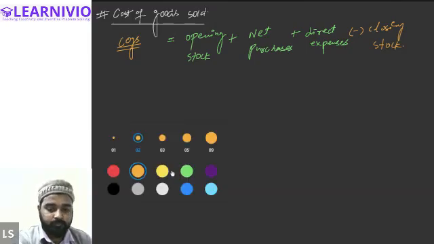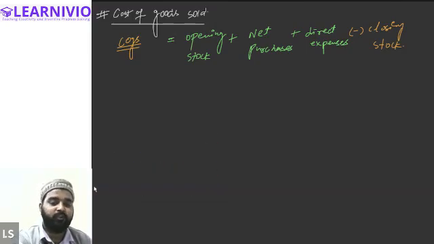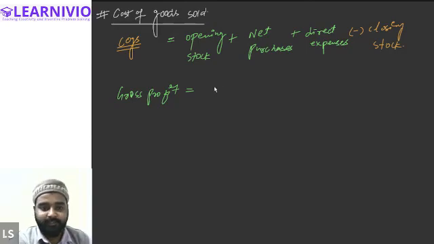Now, what is the formula for calculating the gross profit, sir? Gross profit can be calculated by applying this formula. In order to calculate the profit, we reduce the cost of goods sold from the net sales.